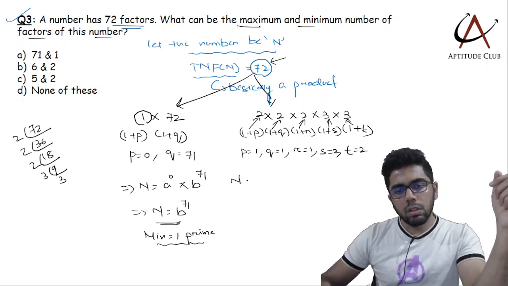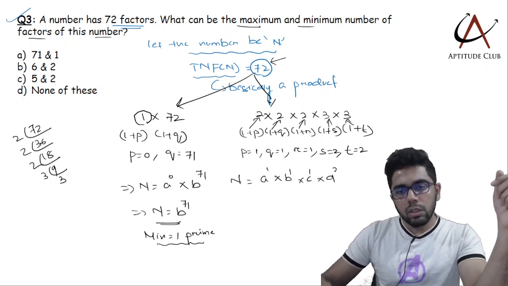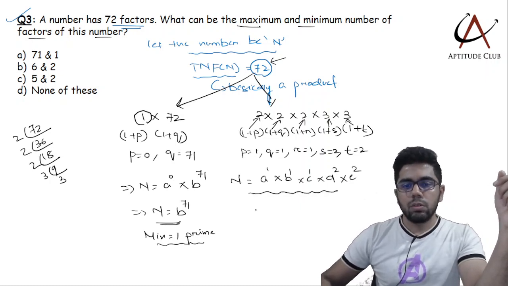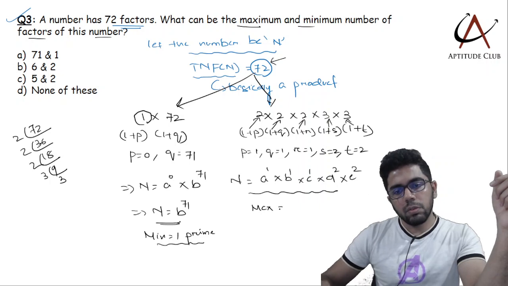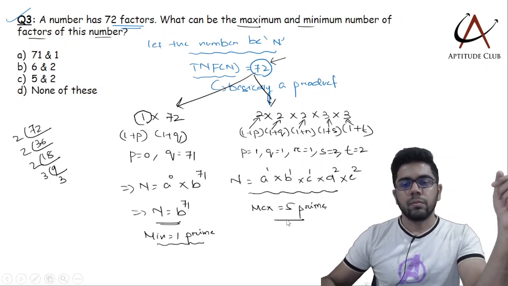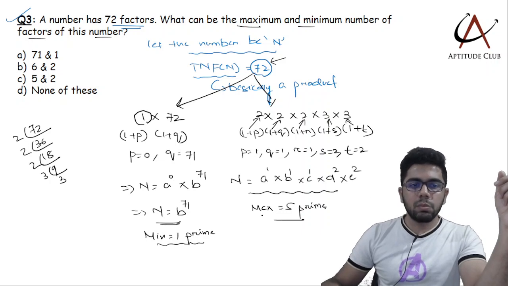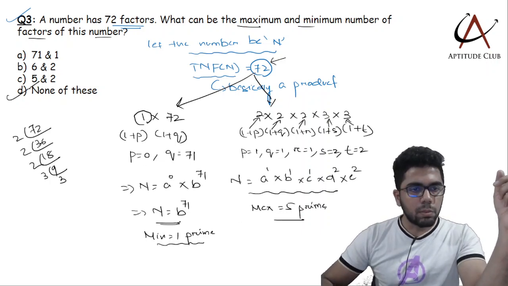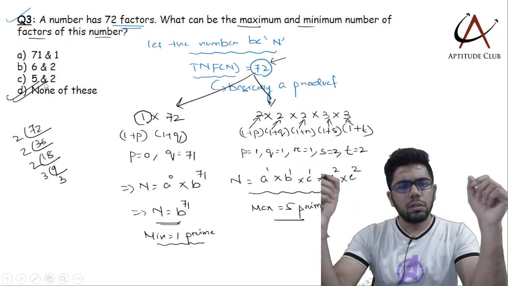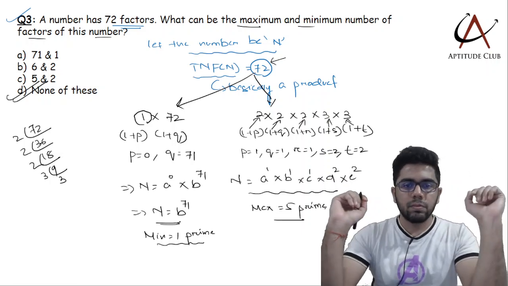So the number becomes a to the power 1 into b to the power 1 into c to the power 1 into d square into e square. So that means maximum I can have 5 prime factors, उससे ऊपर जा ही नहीं सकते. तो मिनिमम 1, मैक्सिमम 5. तो आंसर यहाँ पे आएगा नन ऑफ दिस, कोई भी ऑप्शन में नहीं है, मिनिमम 1 एंड मैक्सिमम 5.